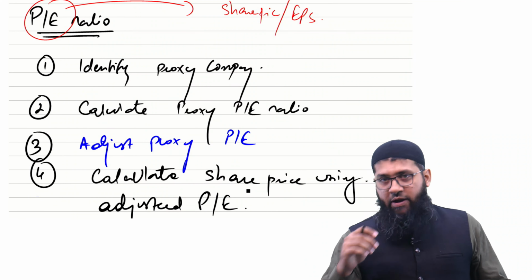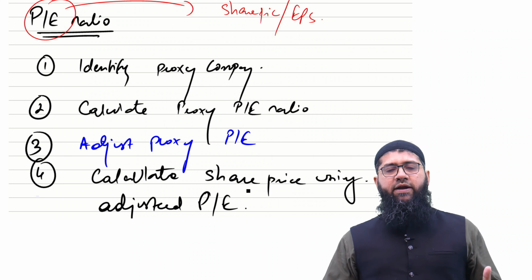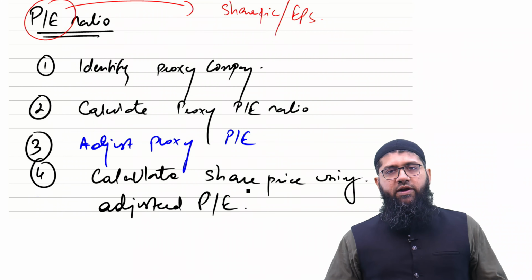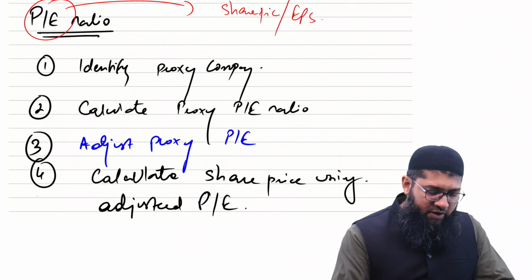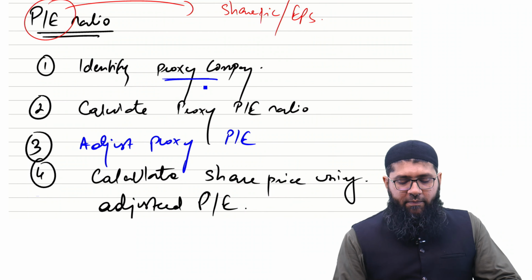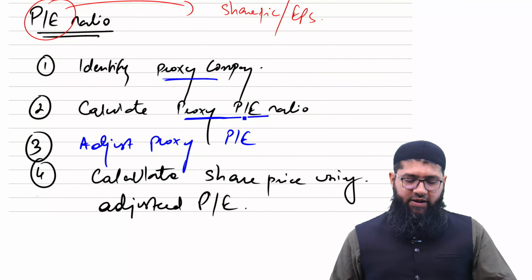So you identify the proxy company, you calculate the proxy PE ratio, then you adjust the proxy PE, and then you calculate the share price using the adjusted PE ratio. Now, let me guide you a bit on what exactly this means.